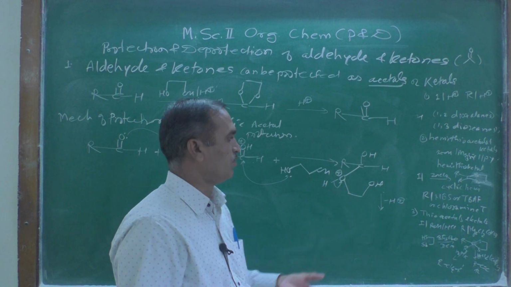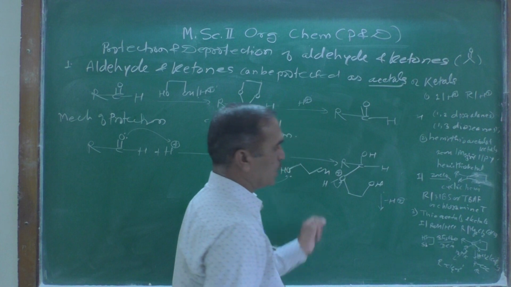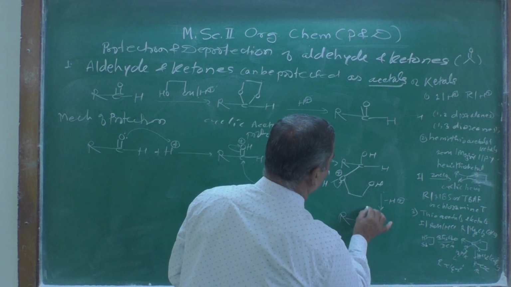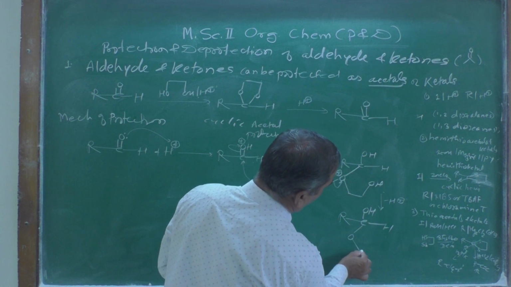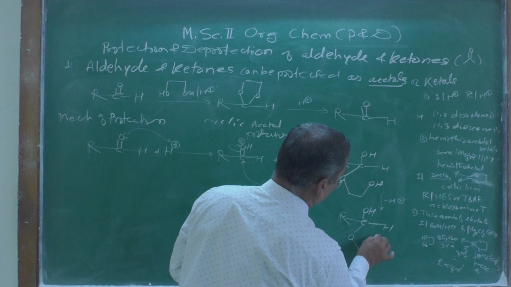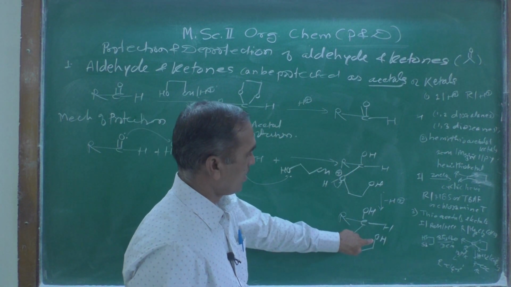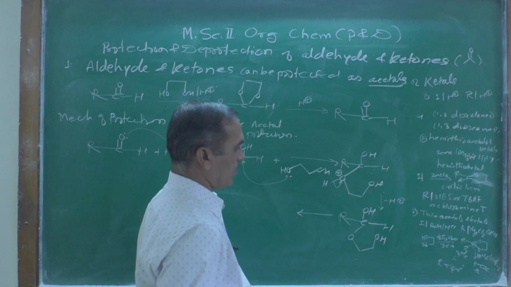It tries to attain stability by losing a proton, and you are going to get here R, C, OH, H, then O, CH2, CH2 and OH. For the sake of convenience, I am writing this molecule in this manner.